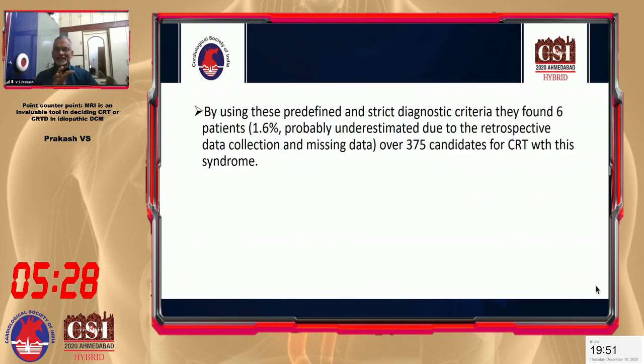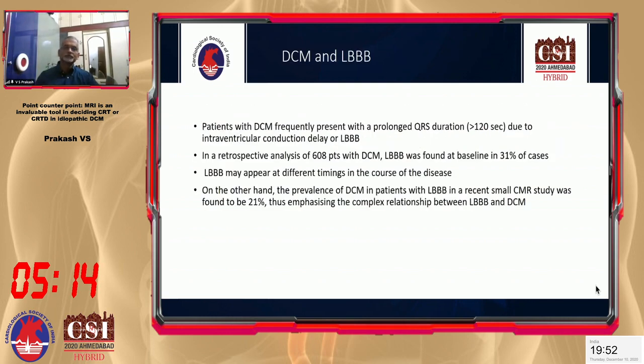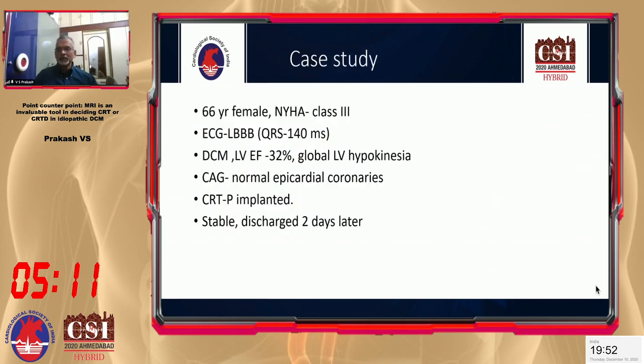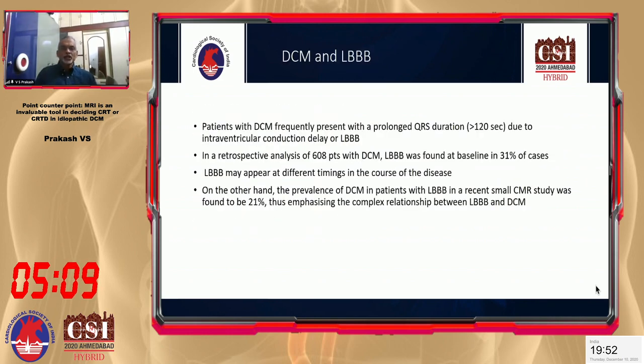If you look at this strict criteria, what they landed up with was only 6 patients out of the 375 candidates for CRT who had this classical criteria of LBBB cardiomyopathy. So obviously, what are we doing in the others? DCM and LBBB is a very complex association. Patients with DCM frequently present with prolonged QRS, maybe IVCD or LBBB. In some retrospective studies of patients with DCM, LBBB was found in about 31% of cases.